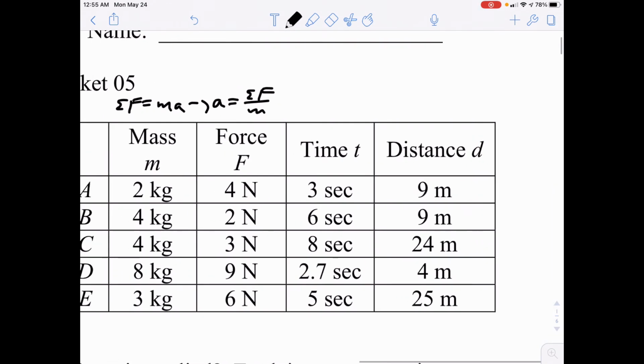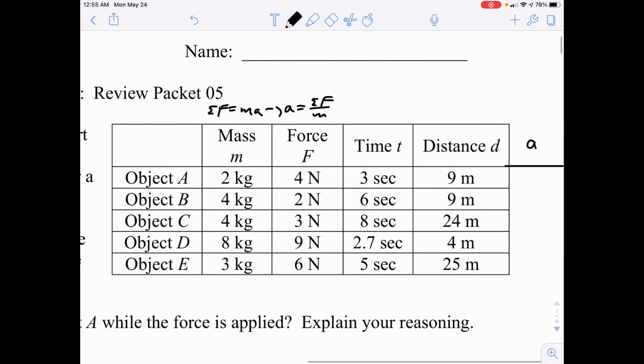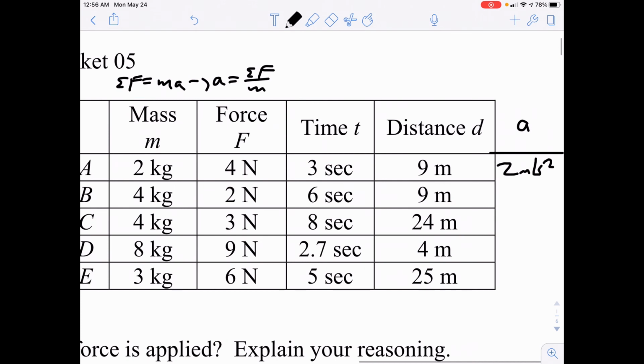So let's just make a new column over here for acceleration. And that would be 4 divided by 2, or 2 meters per second squared. 2 divided by 4, which would be a half, 0.5 meters per second squared.